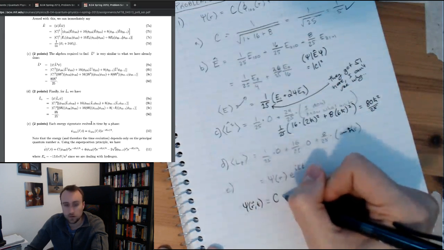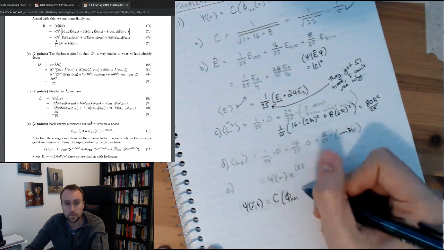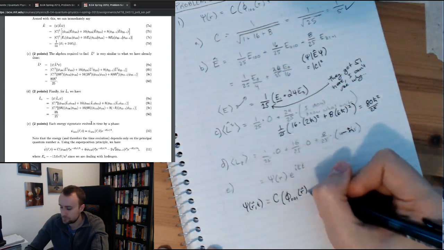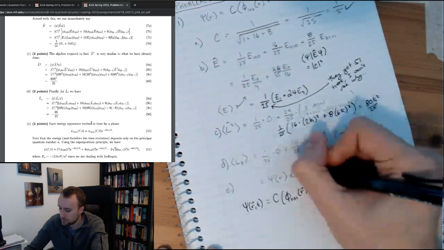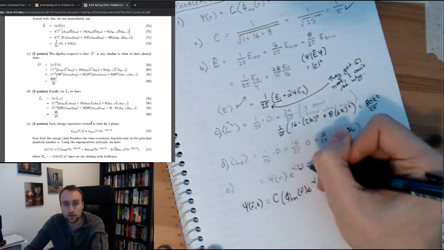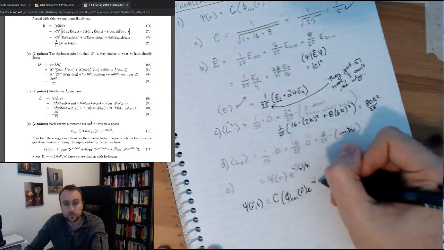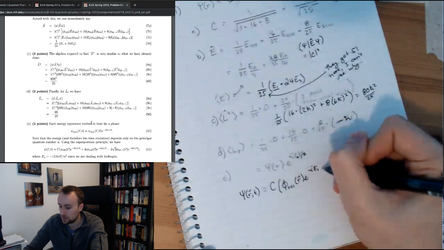Let's see. E to the minus i E1 t over h bar. It's minus E1.